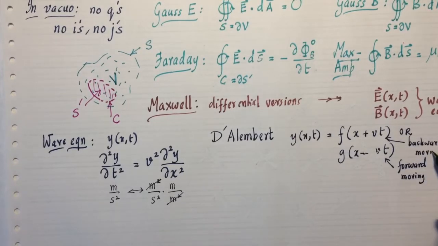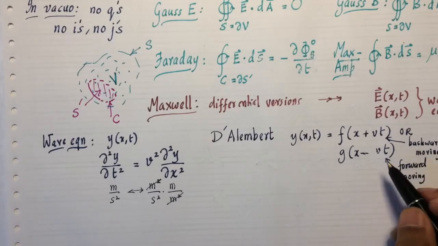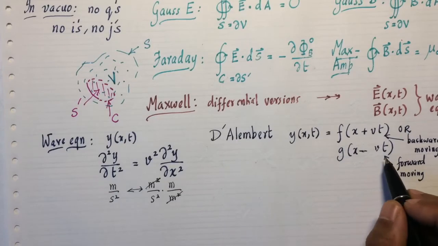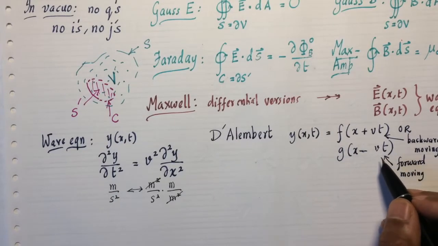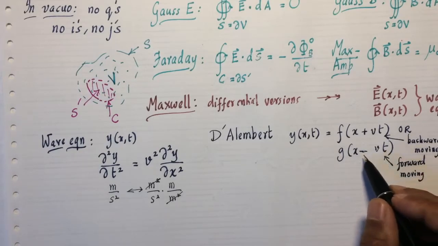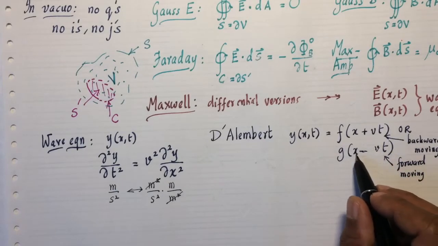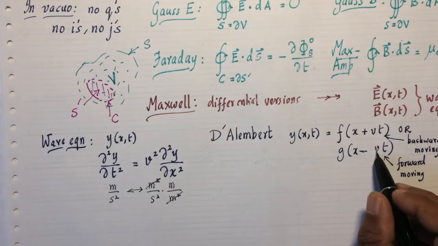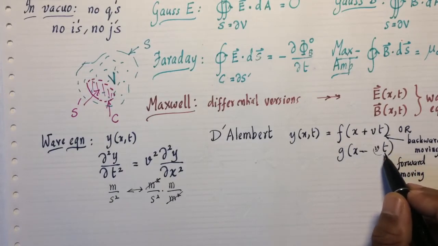Let's understand why the minus sign is forward moving. It's very simple. It's based on the understanding that time always runs forward. As far as we know, in our slice of the universe, time always runs forward. So if time is running forward, then in order to get the same value of x at a later time, you would need to advance the wave to the right, because v times t is a negative quantity and x minus v times t is a smaller value than just x.